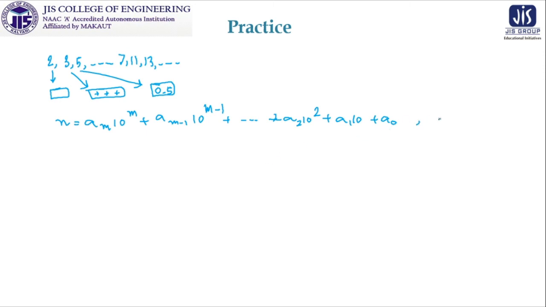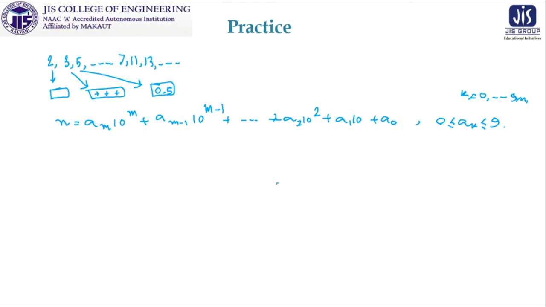Obviously here all the values of ak, that means the coefficients, will be from 0 to 9, where k runs from 0 to m, because it is represented up to m.